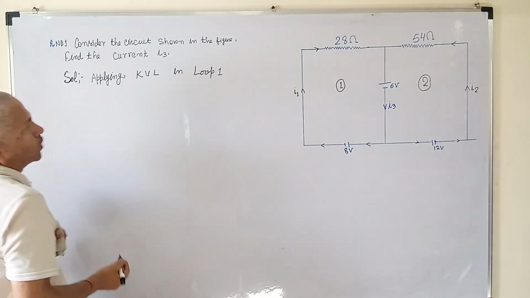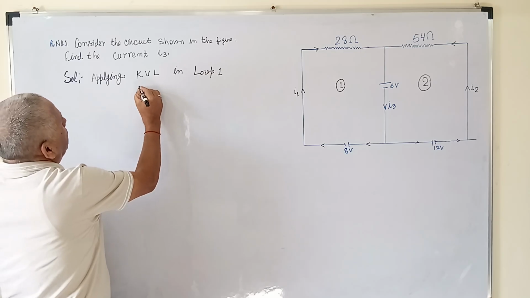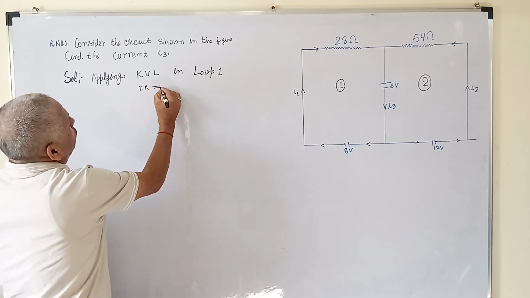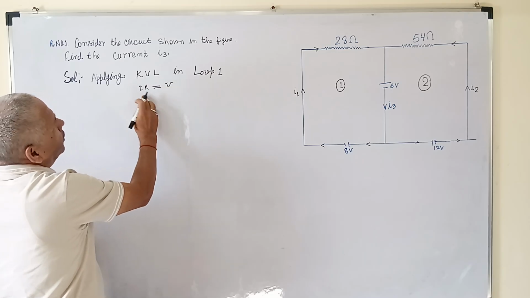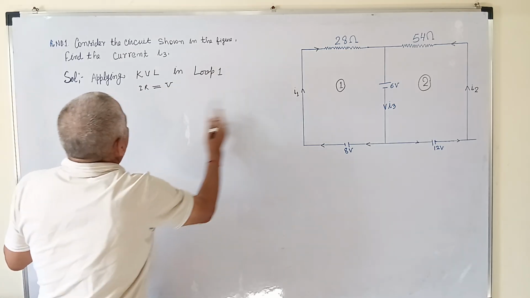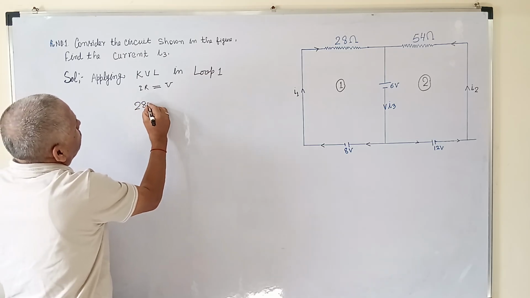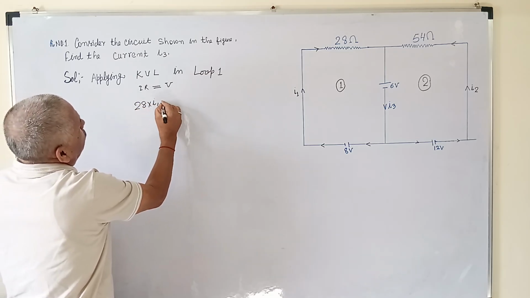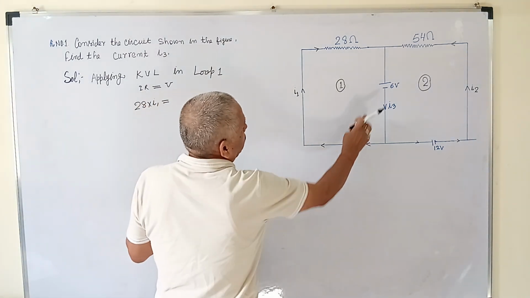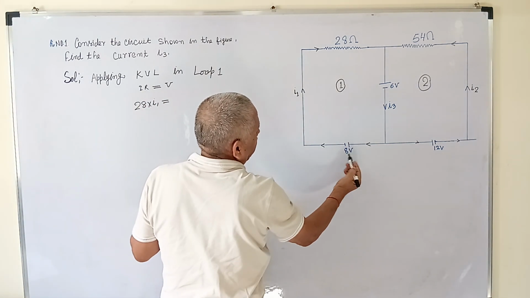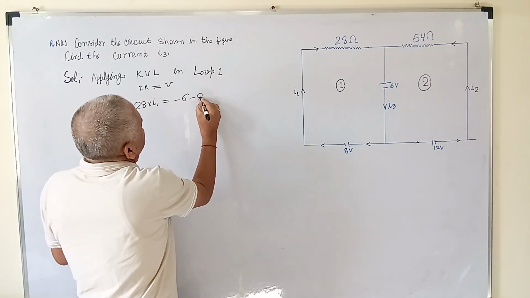So we know that IR equals V. So here we will write I in loop 1 as I1, R is 28. So we can write 28 into I1 equals to, now voltage will be, since these are opposing, -6 -8.